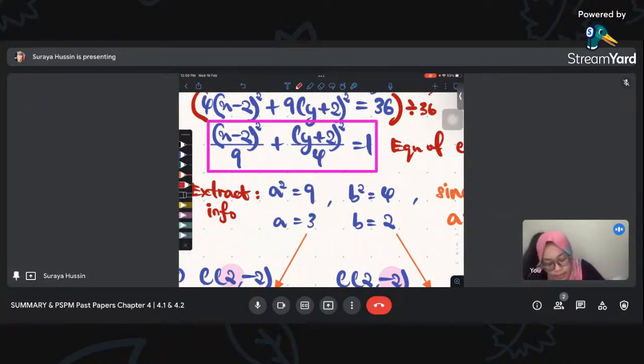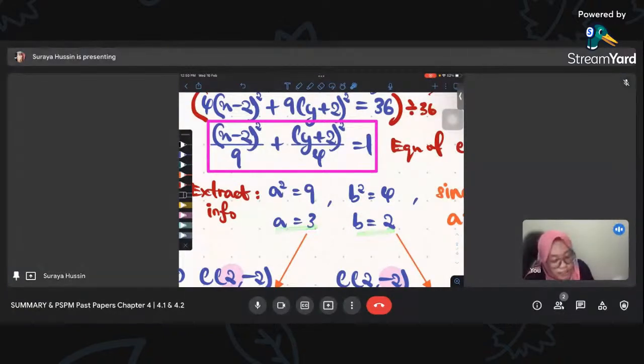Dia boleh bagi kita info center, dia boleh bagi kita info A squared and B squared. So this is what I do. I extract the info out from the equation of ellipse. So this is your A squared and this is your B squared. And so you get A and B.